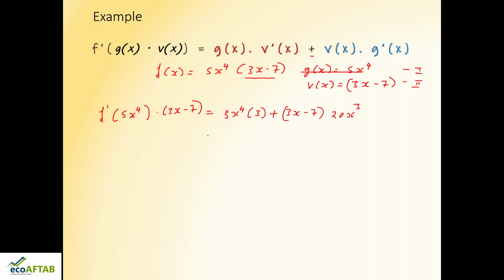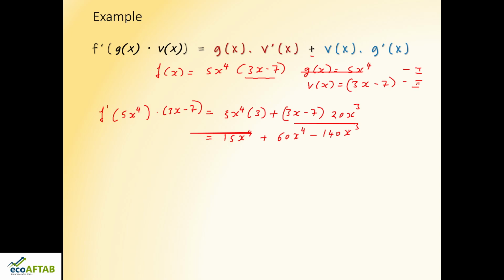Now, we will simplify it. What will we get? We will get 5x raised to 4 into 3 as 15x raised to 4 plus 3x into 20x cube, that is 60x raised to 4 minus 140x cube.